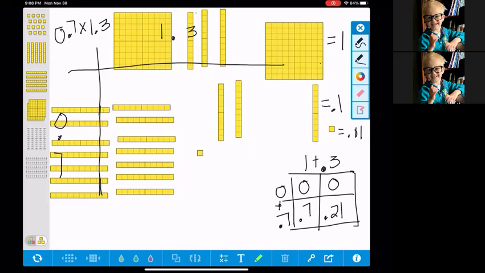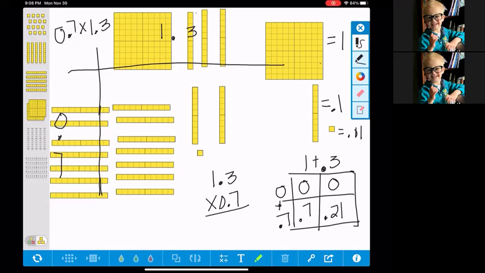And maybe you didn't think that you would be able to do this multiplication up here. But also reason about, if we're thinking about the standard algorithm, where we line up the decimals in a more accurate way than that, and we do 7 times 3.